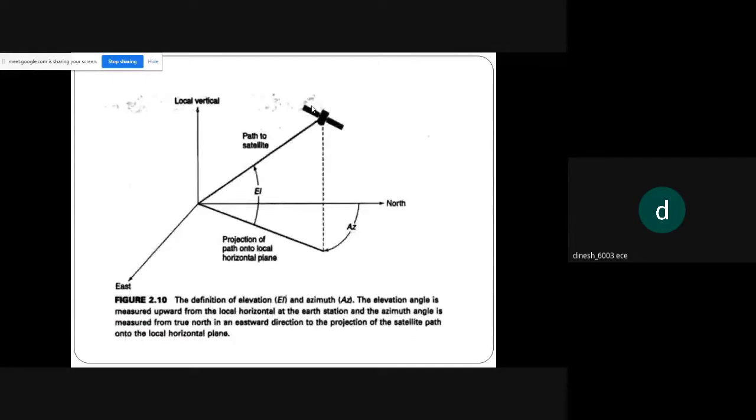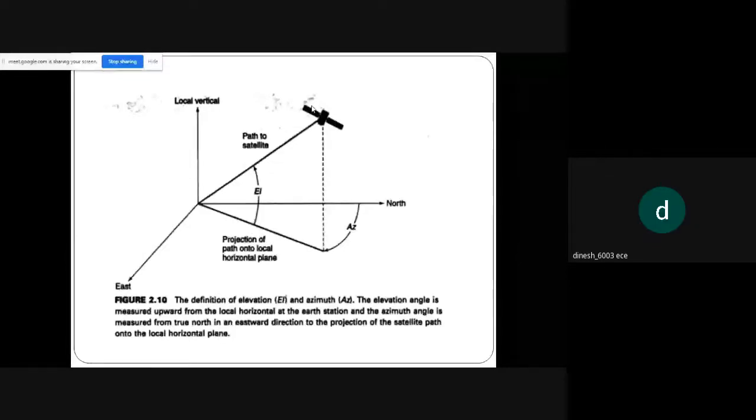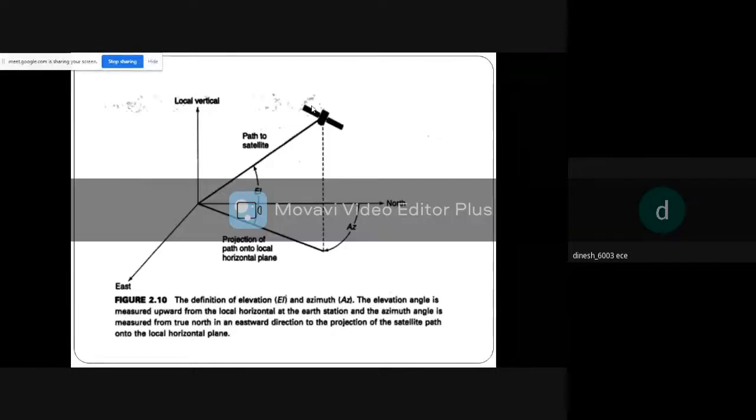You can see it in the diagram. We have a satellite in space. We see the representation of the azimuth angle as AZ.